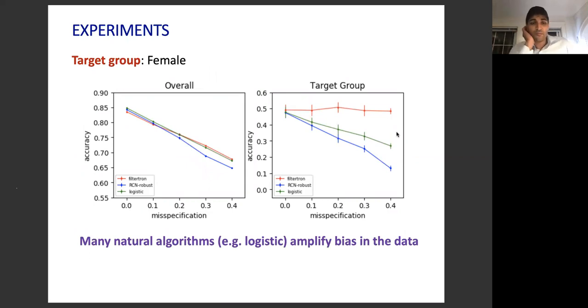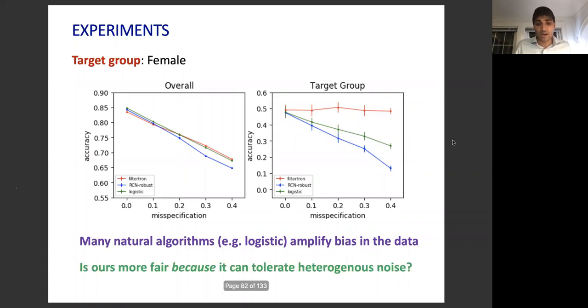So, one of the things I'm excited about is this connection between robustness and fairness. Because what I claim is that many natural algorithms, even just empirically, without getting into normative definitions of what fairness is, things that we know and love, like logistic regression, have this bizarre property that they amplify certain types of biases in the data, because they're not designed to work for heterogeneous noise rates.